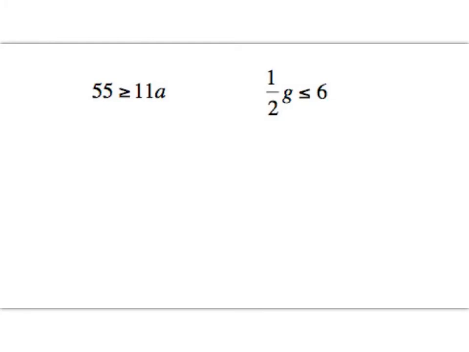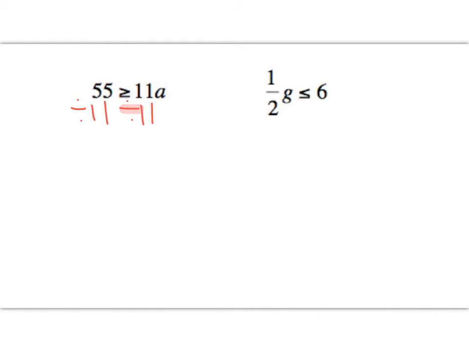Okay, let's look at this one. 55 is greater than or equal to 11a. So now, just like before, this kind of switched sides. The variable's over here, so this is the side I'm working off of to determine what I need to do to solve. The 11 is attached to the a by multiplication. So I need to divide by 11 on this side and divide by 11 on this side.